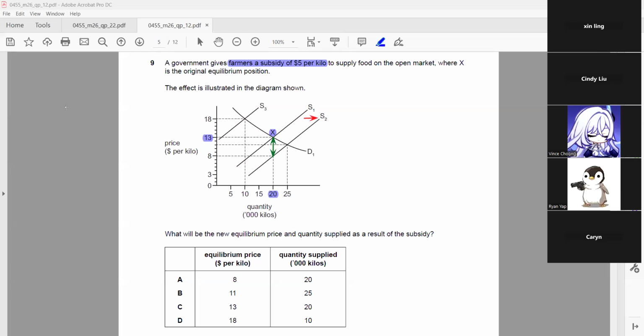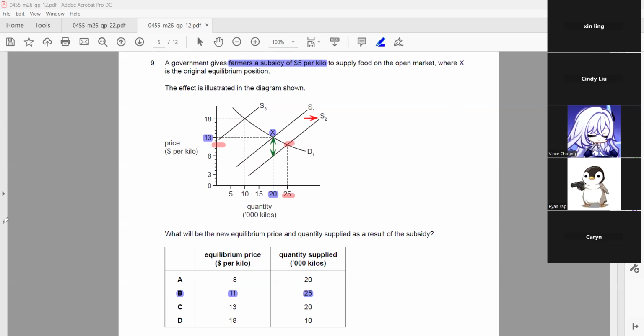So in the end, you find where's the new equilibrium, which is here, at this price and at this quantity. So which one is the answer? B. B is the answer.